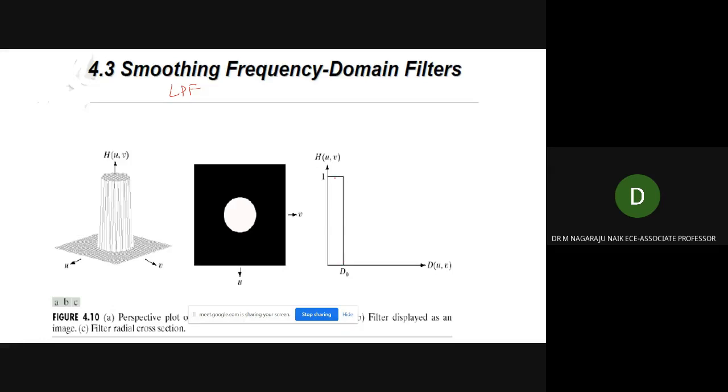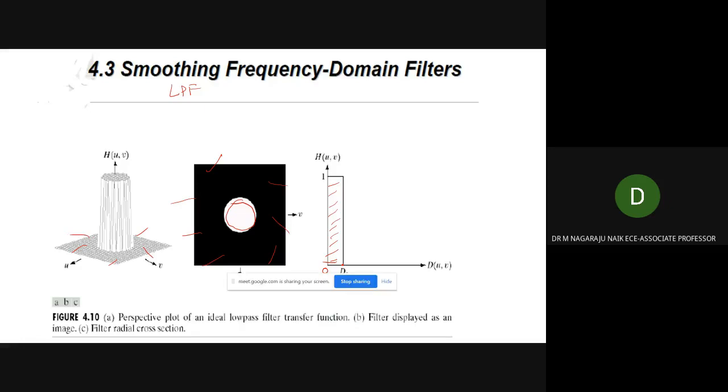That means only within this range, not greater than this. Inside this, because we have defined this as the origin with respect to D naught, it allows the low frequency components and attenuates the high frequency components. All the others are high frequency components, and it attenuates all of them.